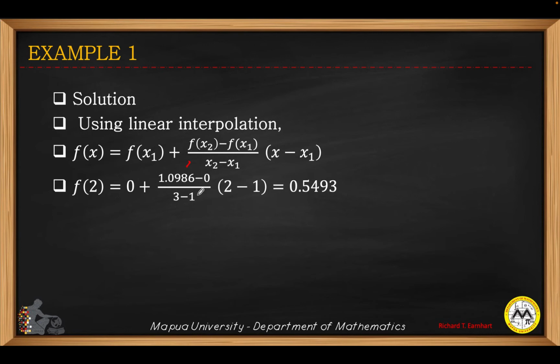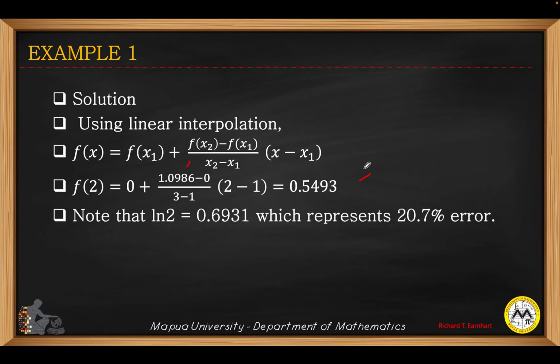You have x sub 2, which is 3, and x sub 1 is 1. So x is 2 here. Computing this using your calculator, you will get 0.5493. Note that the exact value of ln of 2 is around 0.6931, which represents a 20.7% error.